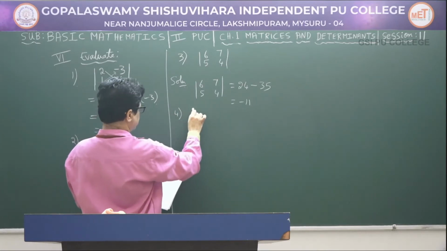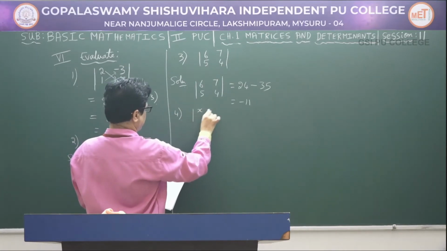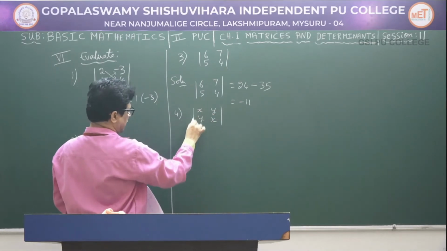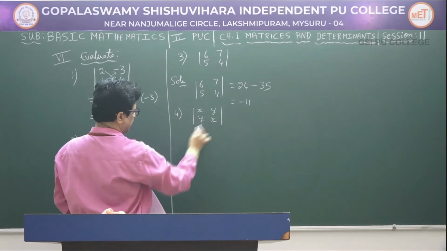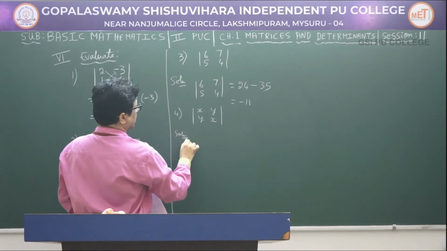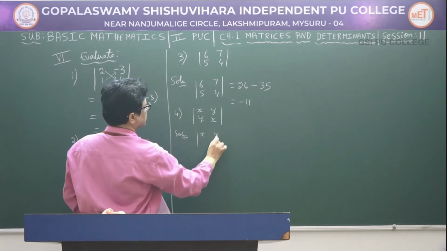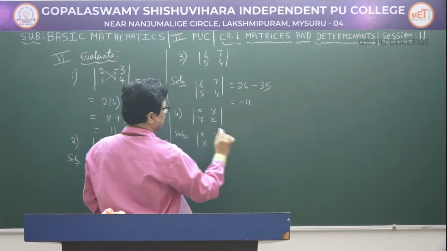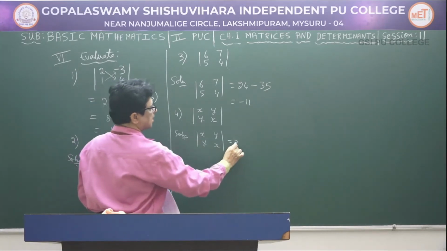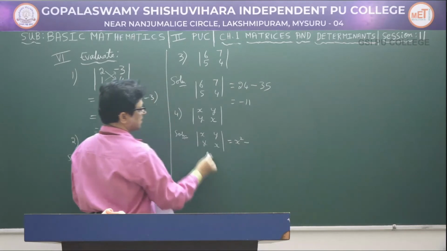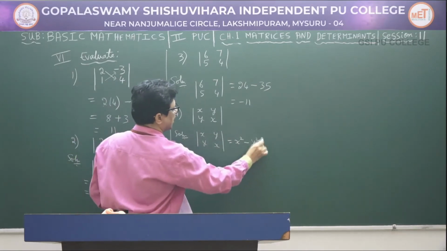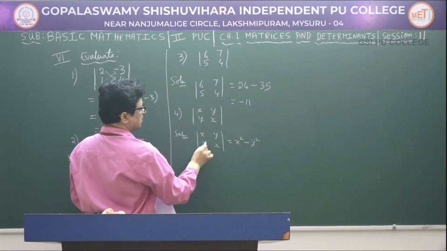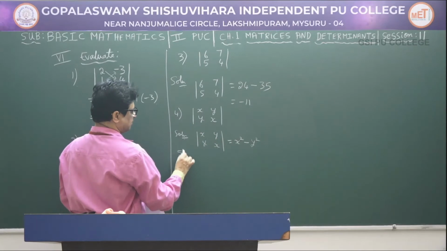Next problem, determinant of x y y x. Solution: this will be equal to x into x, x square, minus y into y, y square, that is the product of the principal diagonal minus the product of the other diagonal.